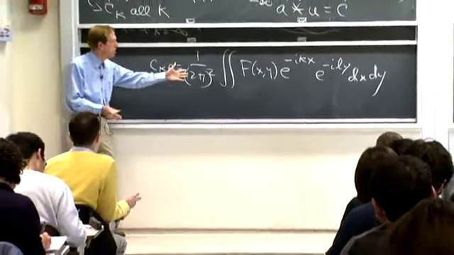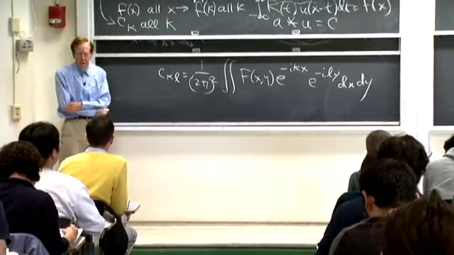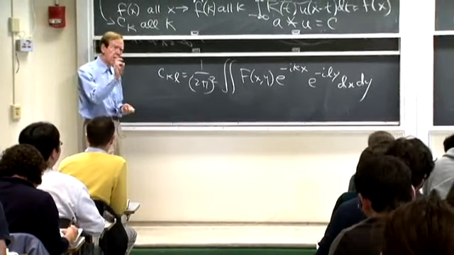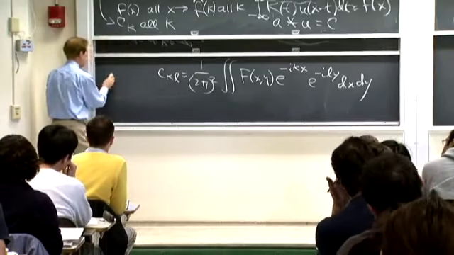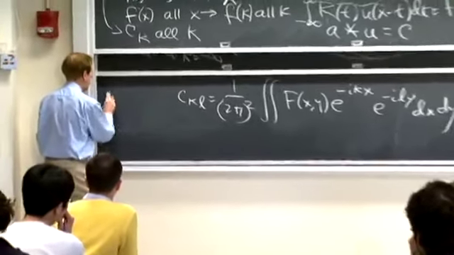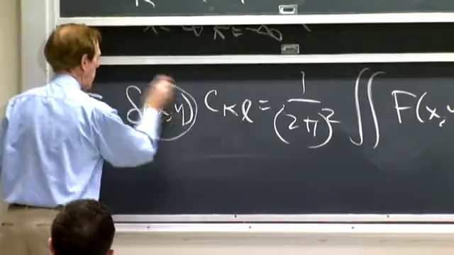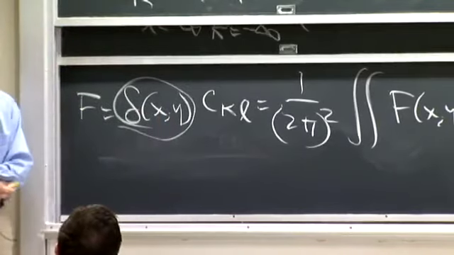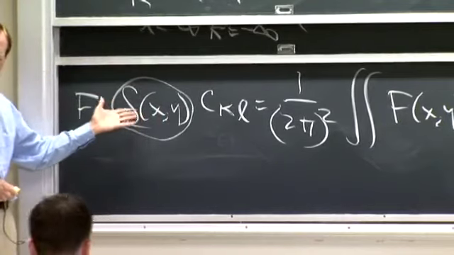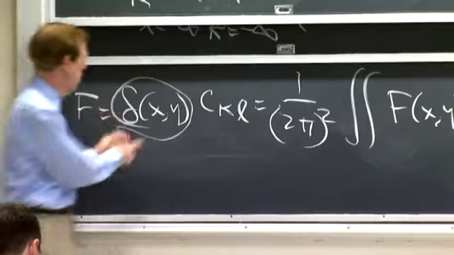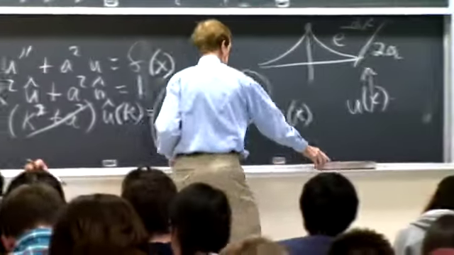But the formulas all look the same, and what if f is a delta function? F is now a 2D delta function. We haven't done delta functions in 2D, so why don't we? Suppose f is the delta function in 2D. Then what are the coefficients? What do you think this delta function in 2D means? If I put in the delta here and integrate, what do I get?